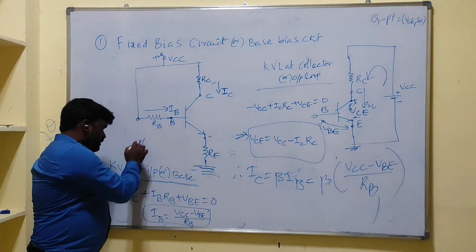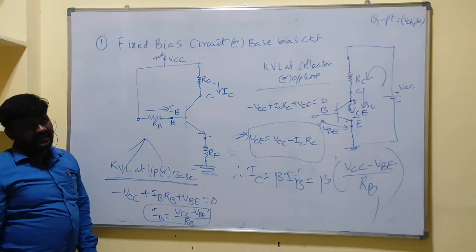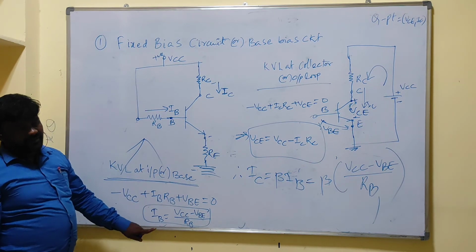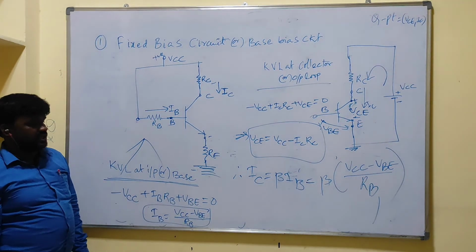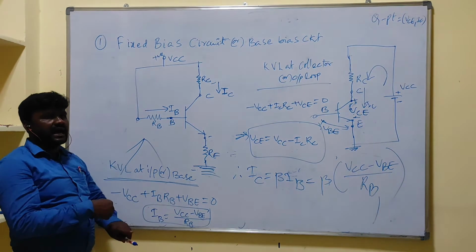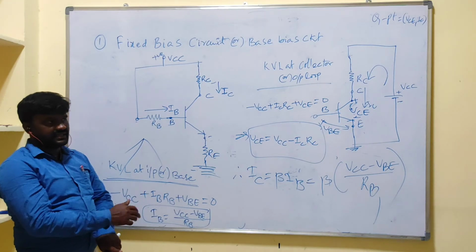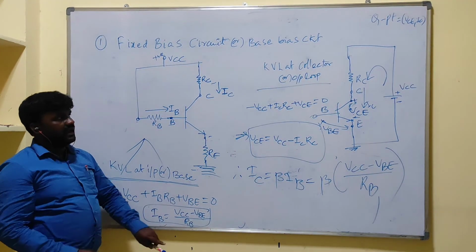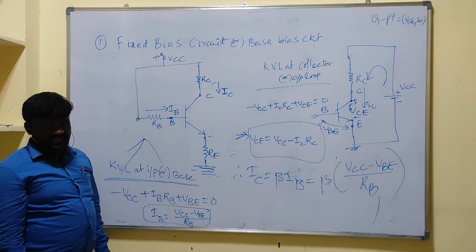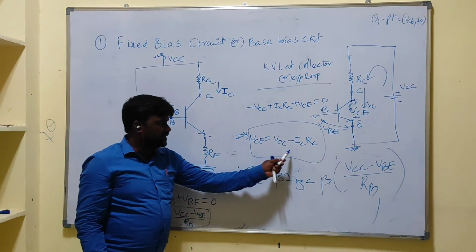For any biasing circuit, we need to determine the operating point, meaning ICQ and VCEQ. How can we find it? By applying KVL at the input side, we get IB. From that we can find IC using IC equal to beta IB, and by applying KVL at the output side, we get VCE in terms of IC.